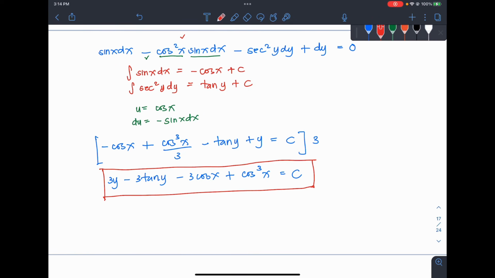So we have 3y minus 3 tangent y minus 3 cosine x and plus cosine cube x.